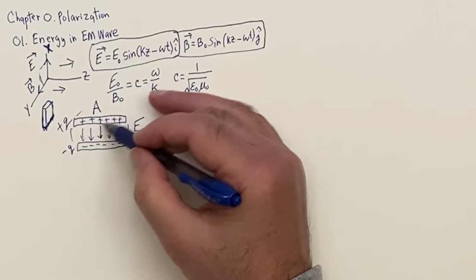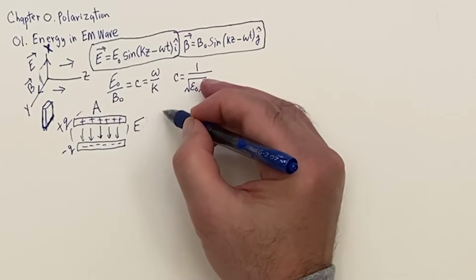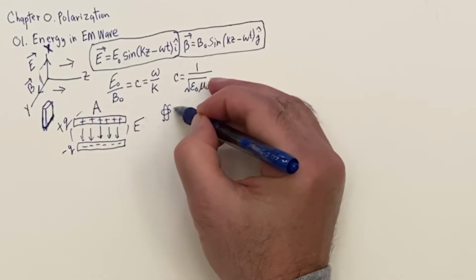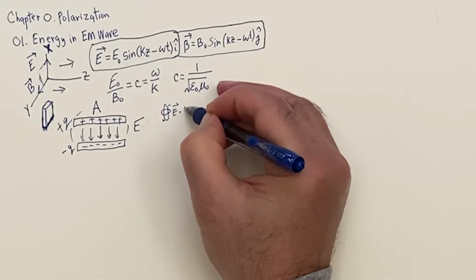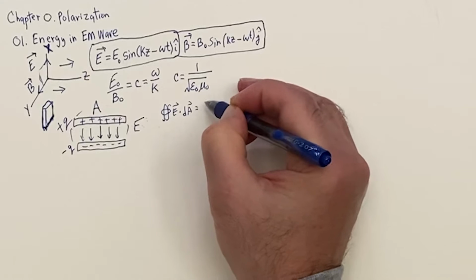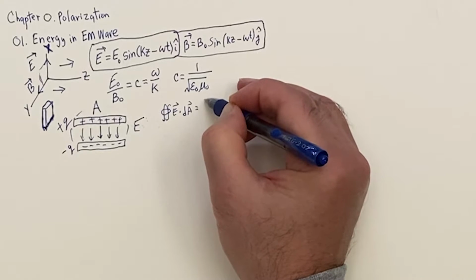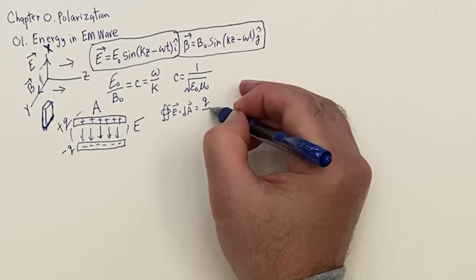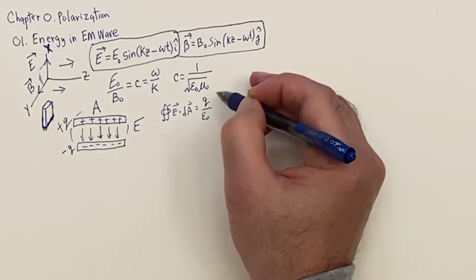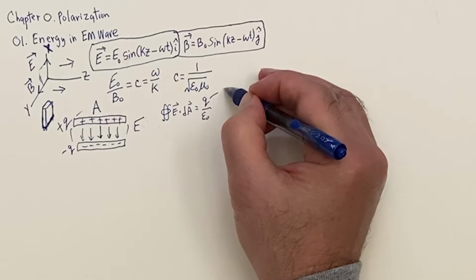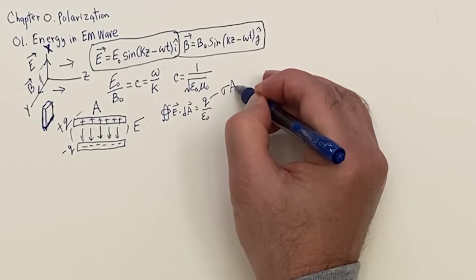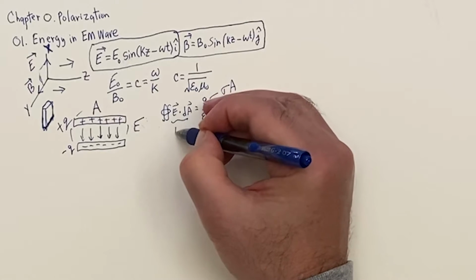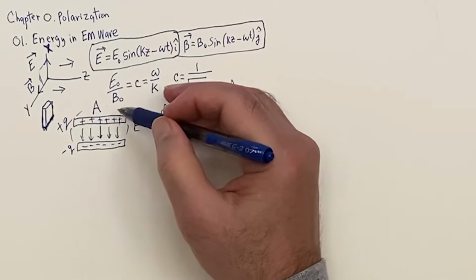Now we've already done the electric field for the plates. Remember we did Gauss's law, very easy to do again. If you have Q over epsilon naught, this Q is some density times the area, and this is going to be EA.